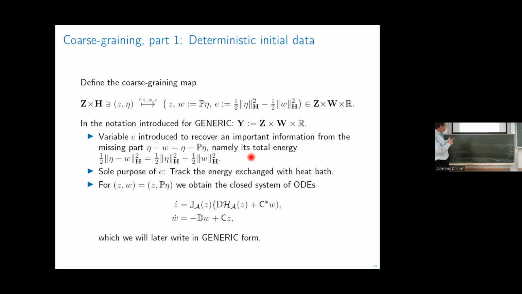And using the theory of contractions and dilations, now exactly we see what we want, namely we get a closed system in Z and W. And that's different from what many physicists would do. So physicists would try a projection, maybe in this variable Z, and then they get an equation which is not closed, a non-Markovian evolution.